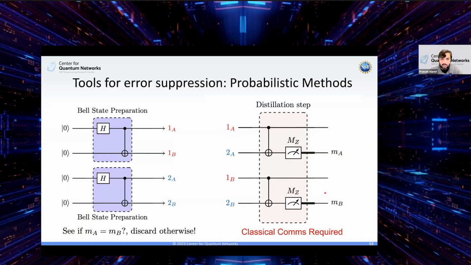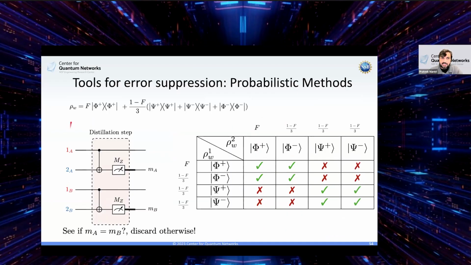Now, what is happening over here? Let's say we had a state which was in this form. The probability of getting the phi plus state is f. The probability of getting psi plus, psi minus, or phi minus is (1 minus f) by 3 for all three of those. So let's say for both Alice and Bob, we have the phi plus state. The superscript here talks about the first Bell pair.